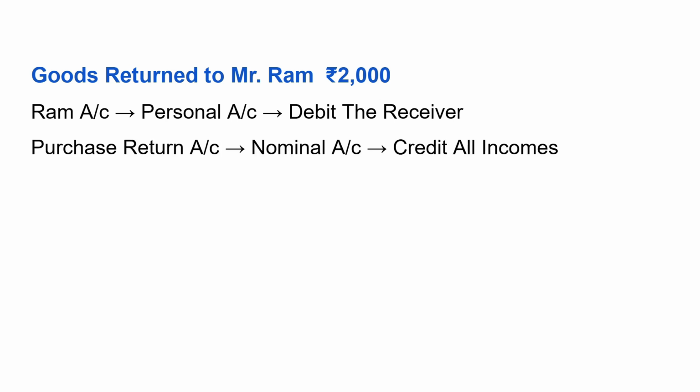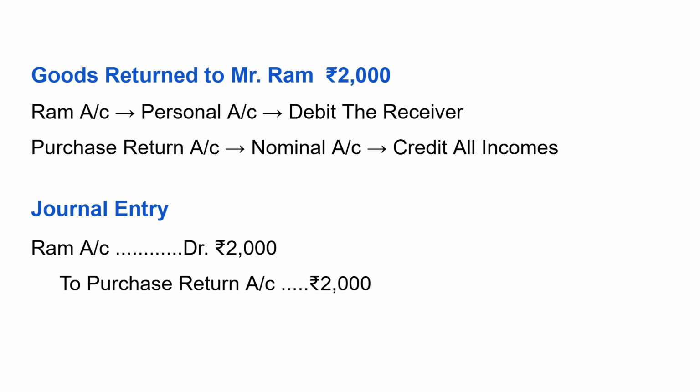And next, purchase return account, because we are returning the goods, is a nominal account. So it is income. When we return the goods, we receive the cash. So it is income to the business. And the rule for nominal account is credit all incomes. And the journal entry is Ram account debit 2,000 rupees to purchase return account 2,000 rupees.